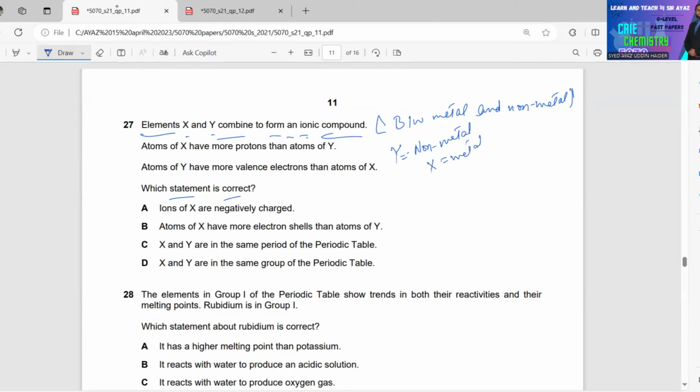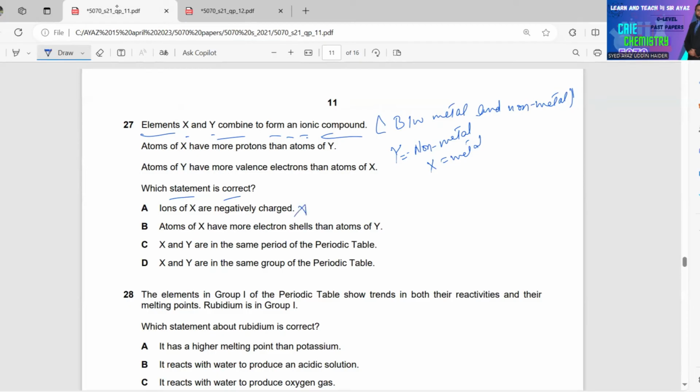Ions of X are negatively charged. So is this statement correct? X is a metal, so it will form positively charged ions. So this is incorrect.